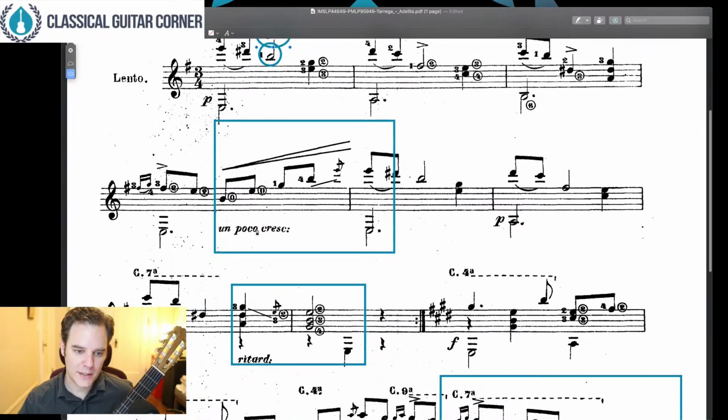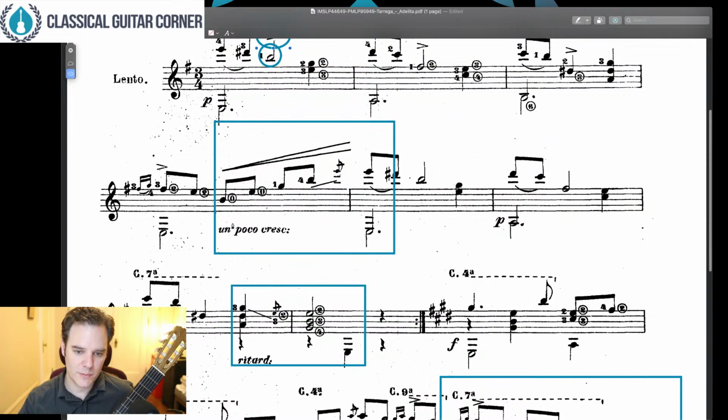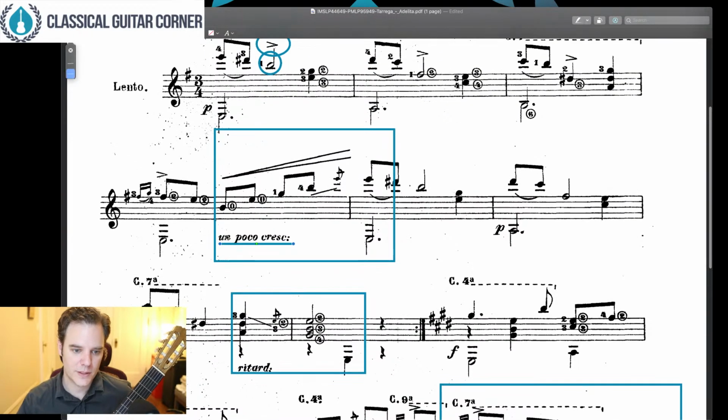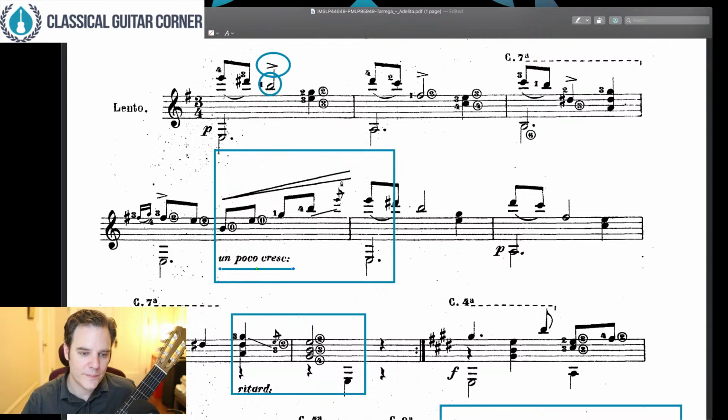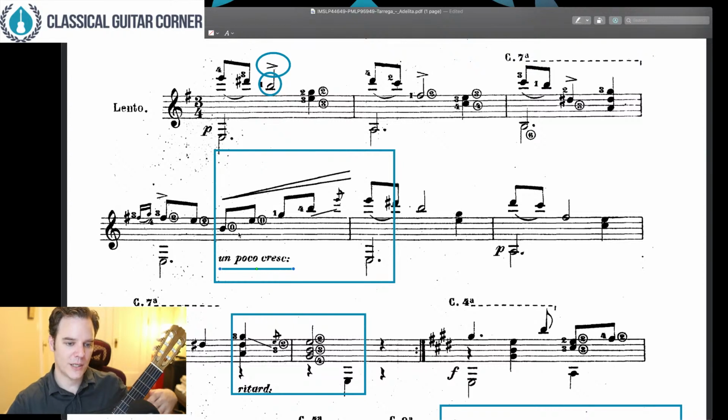Now, here we have a crescendo marked here and also made explicit here in the text as well. Sometimes you might consider this redundant. It's saying the same thing, but really it's just being explicit. So why might we mark that crescendo? Well, as we saw before, sometimes these ascending figures will be accompanied by a crescendo.